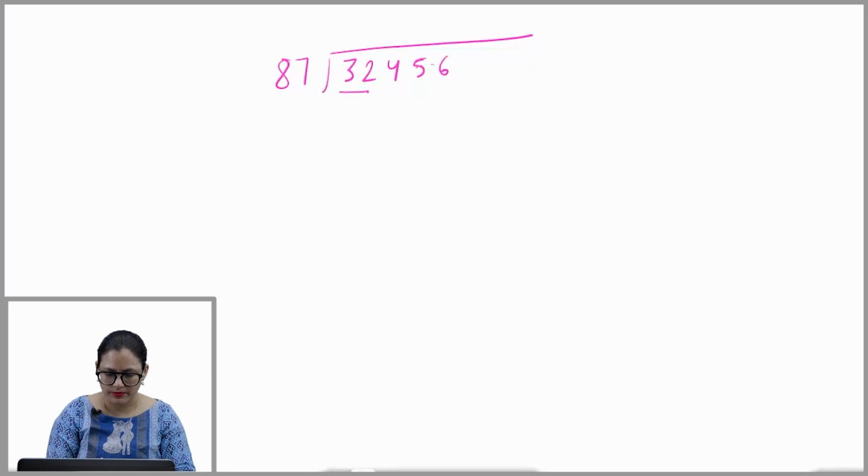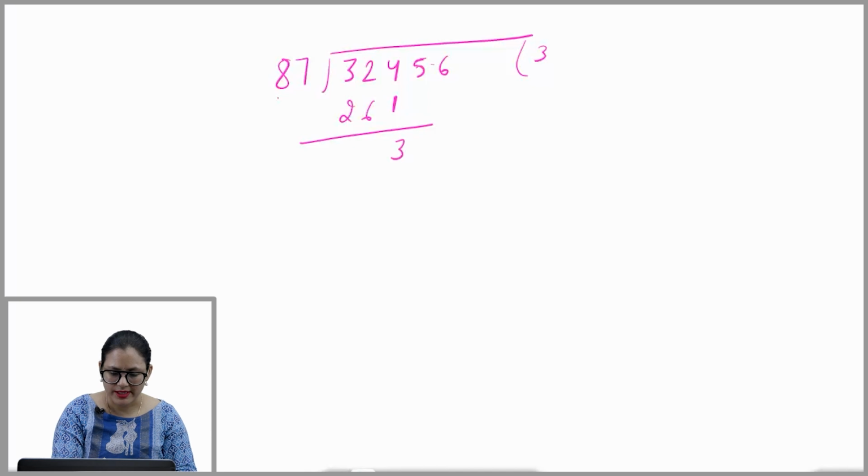Okay, 3 7s are 21, 2 carry, 3 8s are 24, plus 2 26. Okay, let's subtract. 12 minus 6 is 6. Now we'll bring down 5 here.